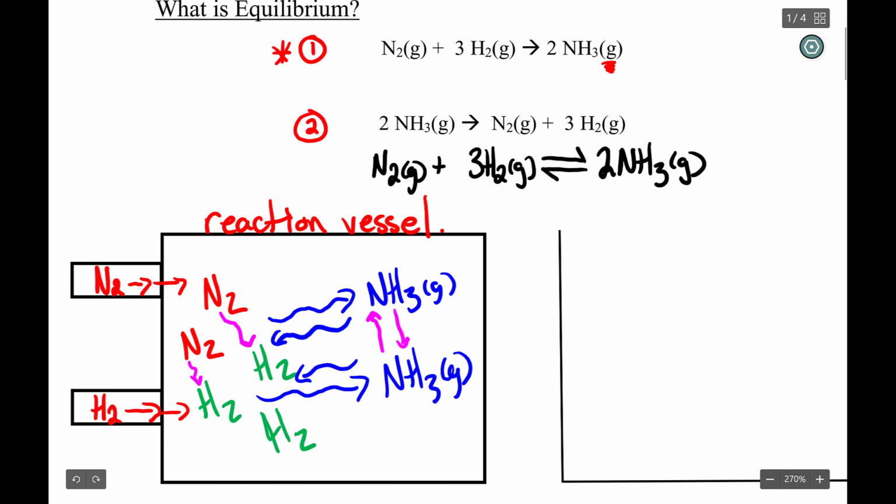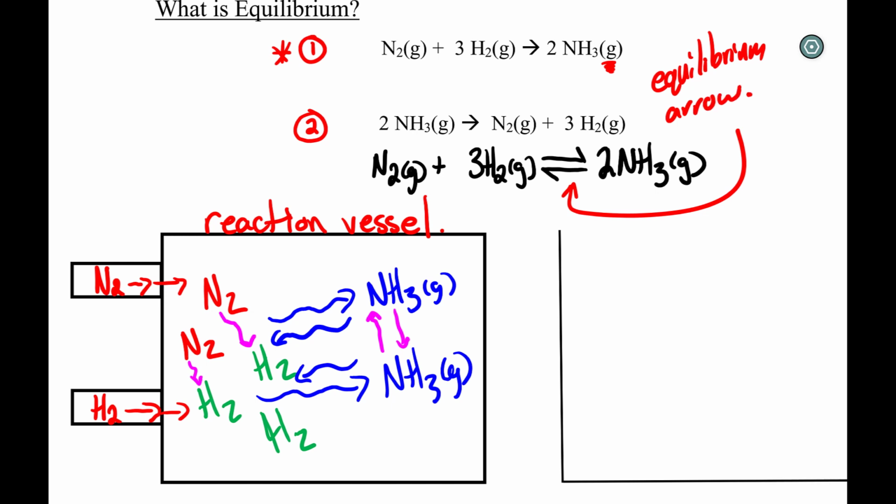This thing here is called an equilibrium arrow. And what it represents is that the reaction is both going forwards and reverse, and that they're doing this at the same rate. So imagine that, I'm going to give you an example.